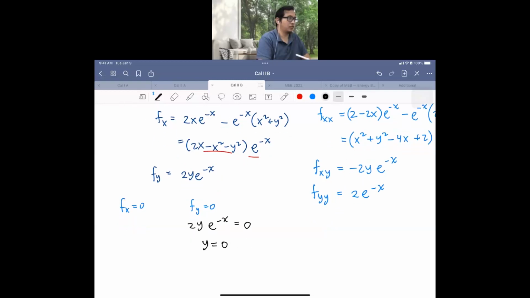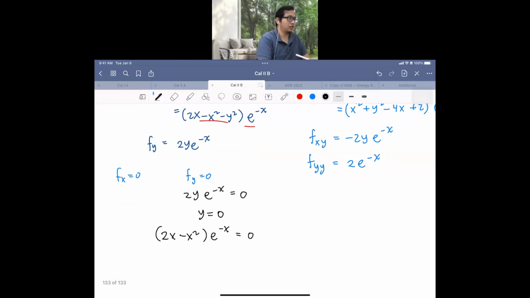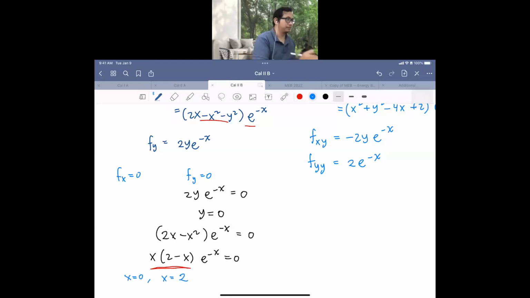Substitute into 2x minus x squared minus 0, which should also be 0, and from here we get x(2 minus x), so x equals 0 and x equals 2. Critical points are 0, 0 and 2, 0, right?